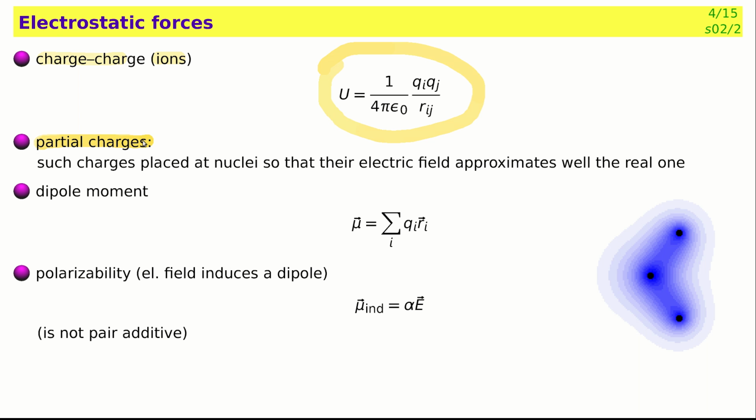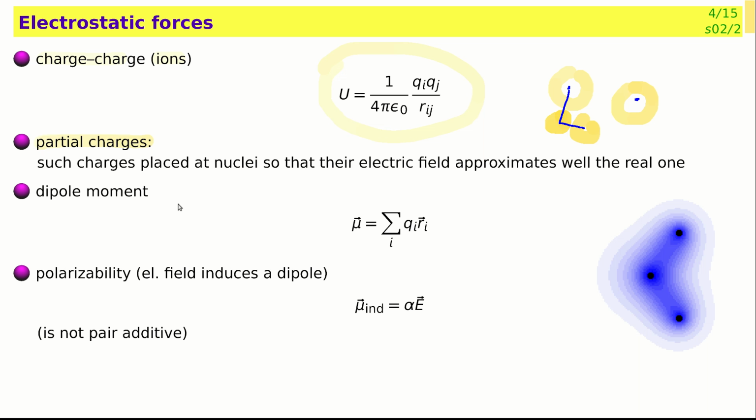The task is complex. Instead of point charges, we have a complex electronic cloud around. And we must, for a molecule, for example, maybe a molecule like this, you can imagine water, elaborate such charges so that they best mimic the electric field of such a molecule. There are methods of quantum chemistry how to do this, but it is not an easy task.